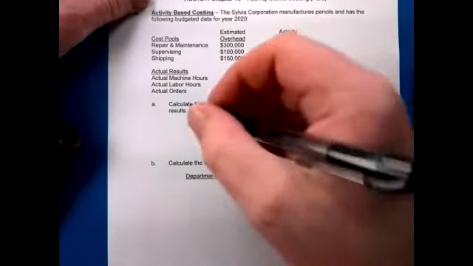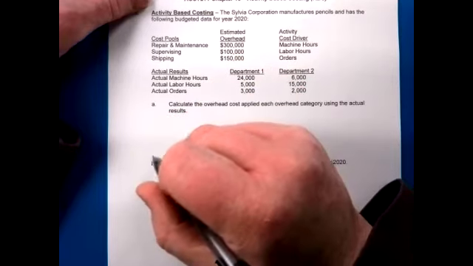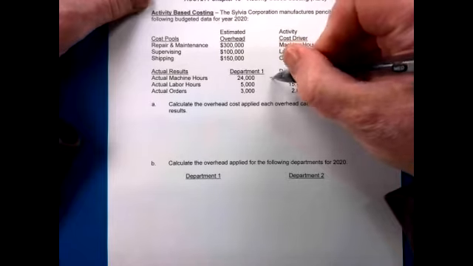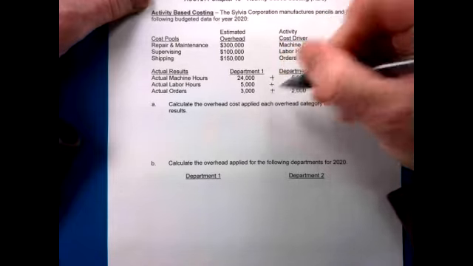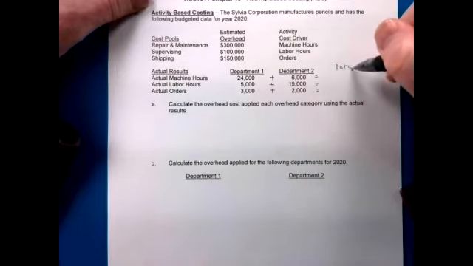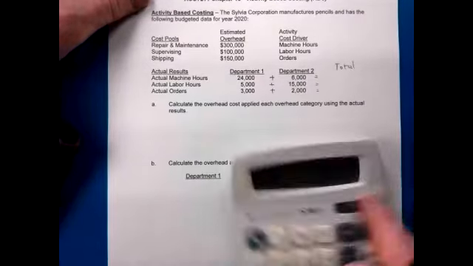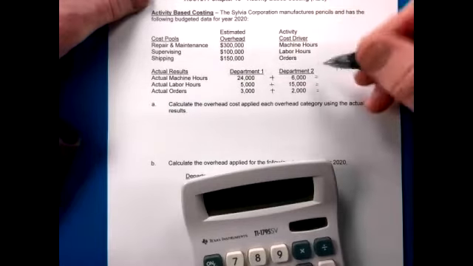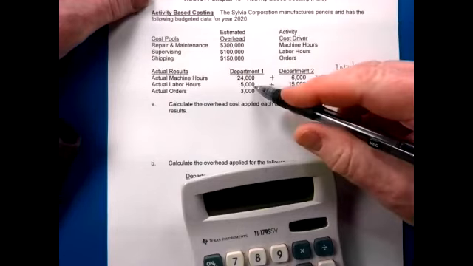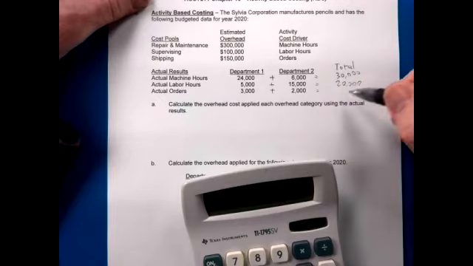I didn't leave very much room here either. So repair, let's see here. Well, let's do the adding first. Actual machine hours: 24,000 plus 6 is 30,000. 5 plus 15, I think, is 20. 3 plus 2 is 5,000.